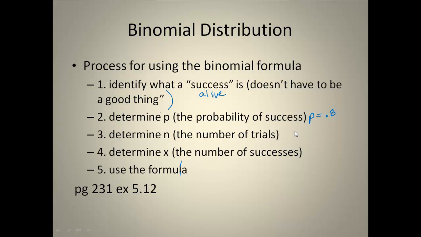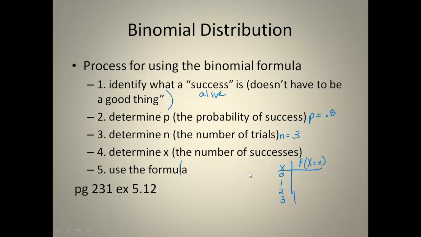Our number of trials, we had 3 people we were interested in, so N is equal to 3. And now our number of successes, we're going to have to fill in our table for that. Okay, so 0 people alive, 1, 2, or 3.